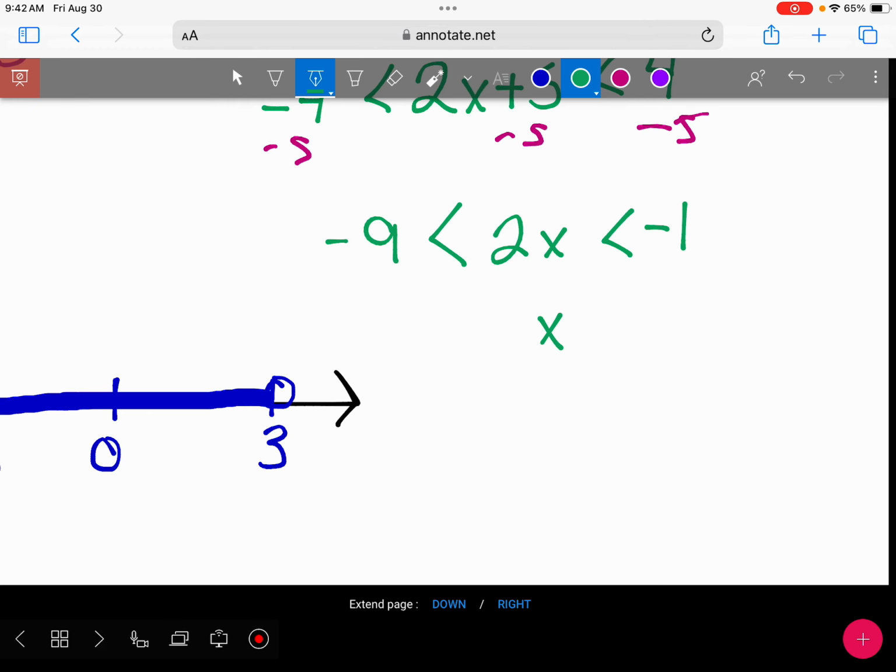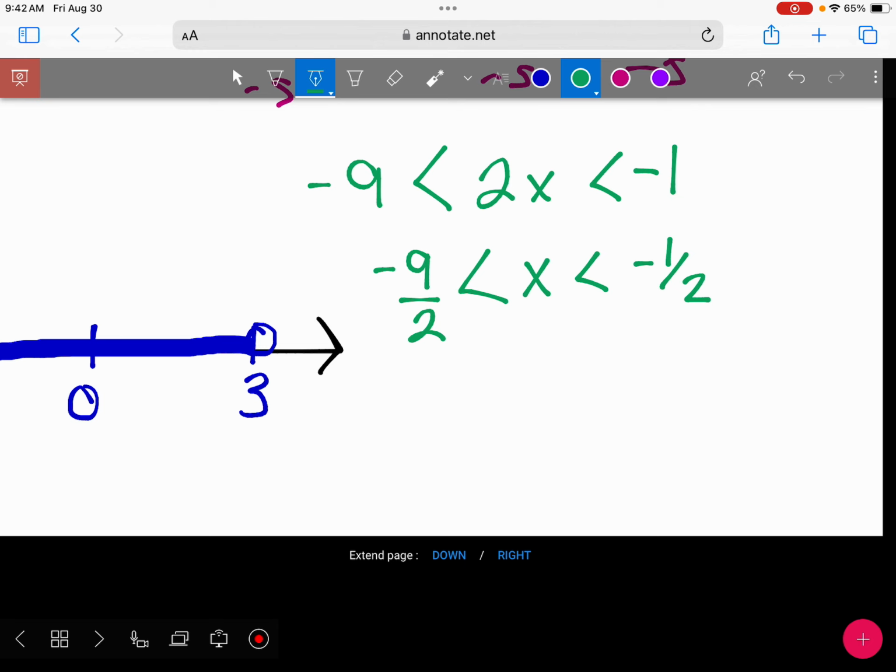So my x is going to wind up between negative 9 halves and negative 1 half, because we divide all the pieces by 2, right? You see where those are all coming from? So our interval answer is going to be negative 9 halves to negative 1 half, and everybody's getting parentheses because it's a less than, not an equals to. Okay?